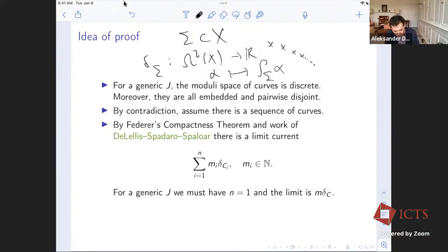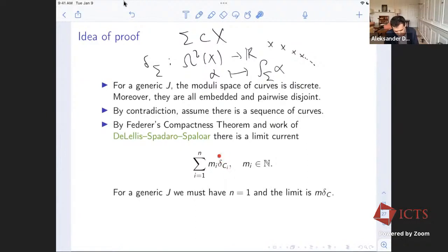But you can use the work of De Lellis, Spadaro, and Spolaor, inspired by Almgren's work on regularity of minimal submanifolds, to show that the limit current is not some arbitrary bad current, but something very nice. It's going to be a formal sum of Dirac deltas supported on some curves with integer weights.